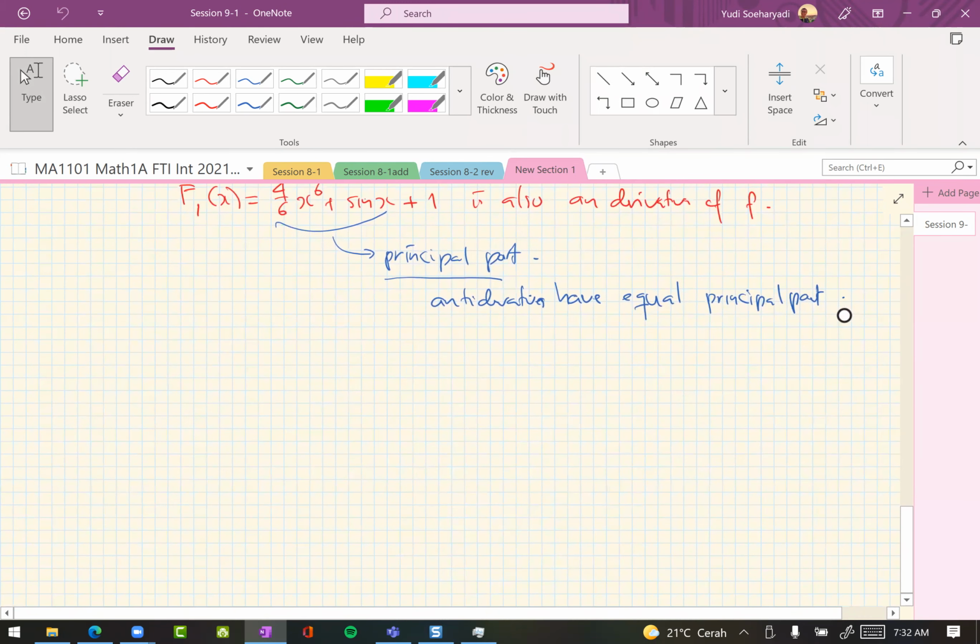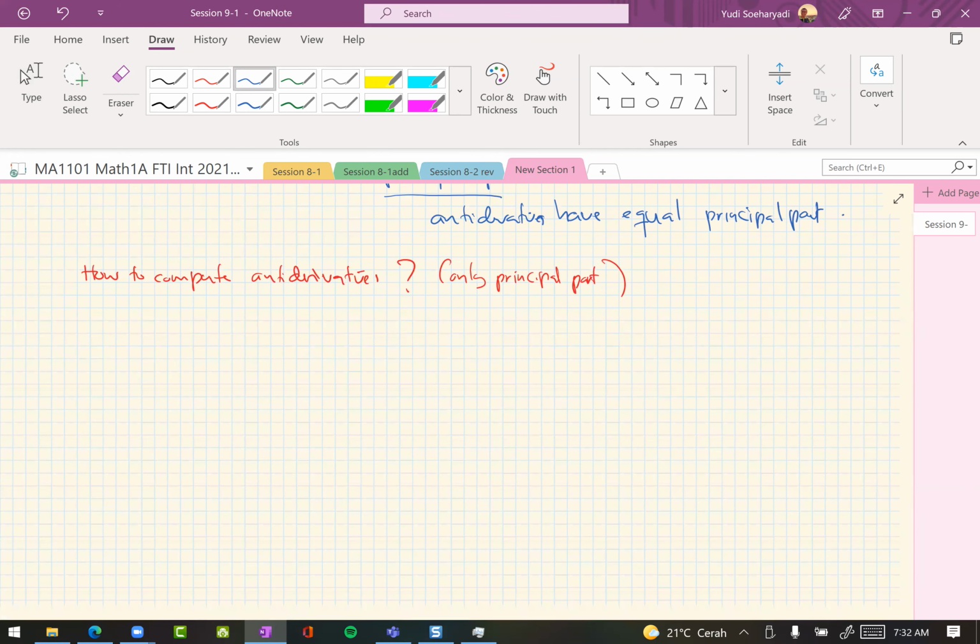Okay, so the question is now, what are the formulas for antiderivatives? How to compute an antiderivative? And I think that's easy because we only compute the principal part, and plus constant.